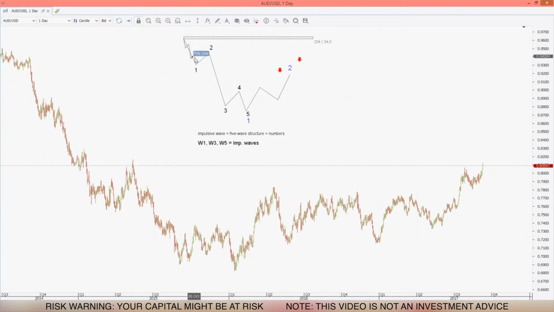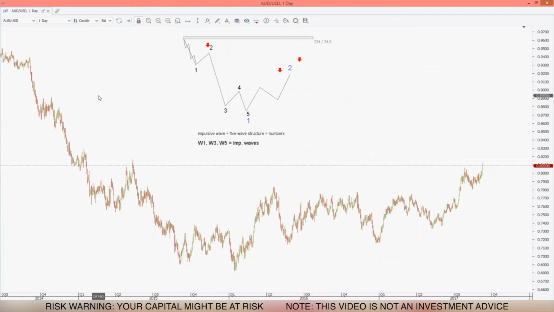After an impulsive wave 1 of this degree, no part of the second wave can go beyond the start of it. So this is a very nice place to buy a put option if we have a 5-wave structure to the downside, with an expiration date according to the time frame.